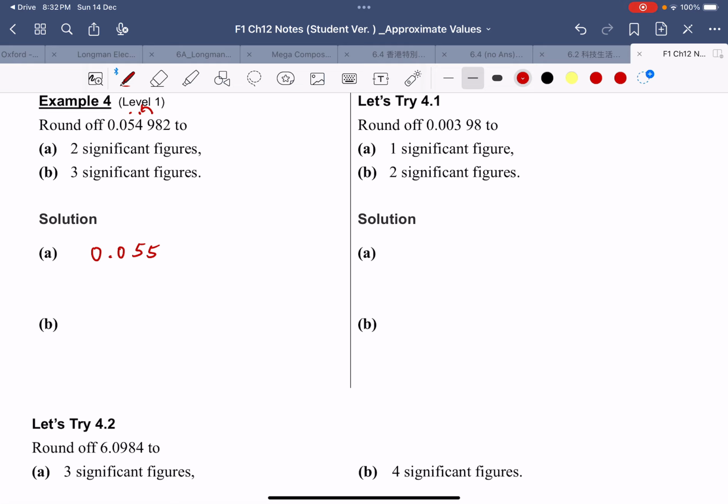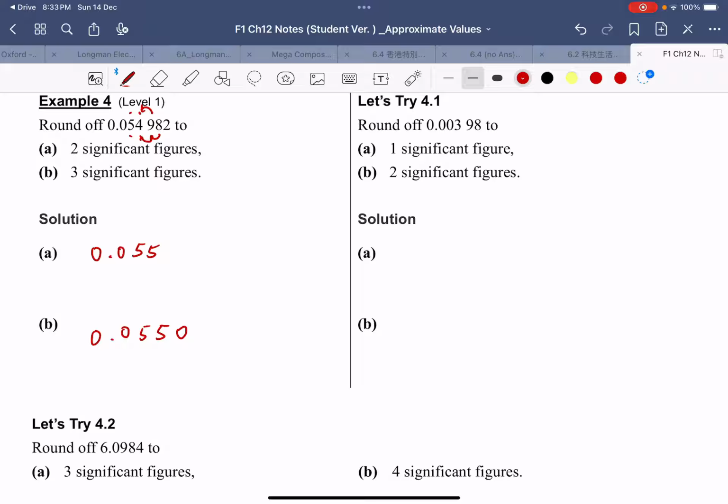Right? And then round it off to 3 significant figures. Okay? 0.0. So 1, 2, 3 significant figures. And the 8 adds 1 to 9, 9 adds 1 to 4, becomes 5, 5. You need to add 1 zero here. Very important.